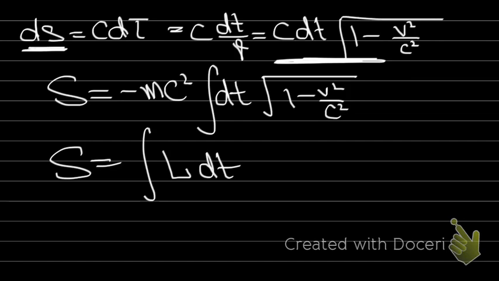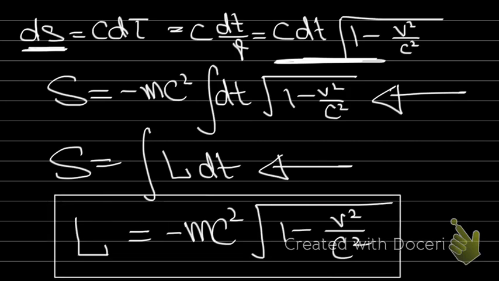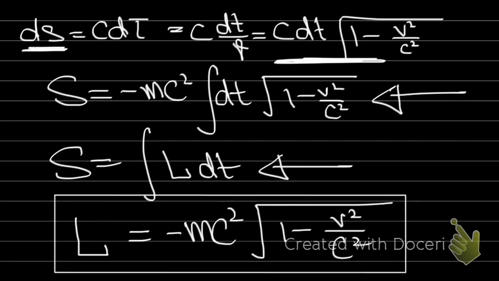So if I compare this expression with this expression, I get my Lagrangian as the negative mc squared times the square root of 1 minus v squared over c squared. And so this equation is the relativistic Lagrangian. Let me just box it in.